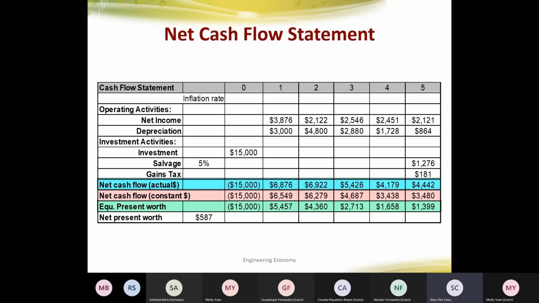Okay, so the cash flow here seems to be a lot bigger. If we take this and there's no inflation, then we can get a much higher equivalent present worth. However, once we take out the inflation, the values that we saw on actual values become smaller.